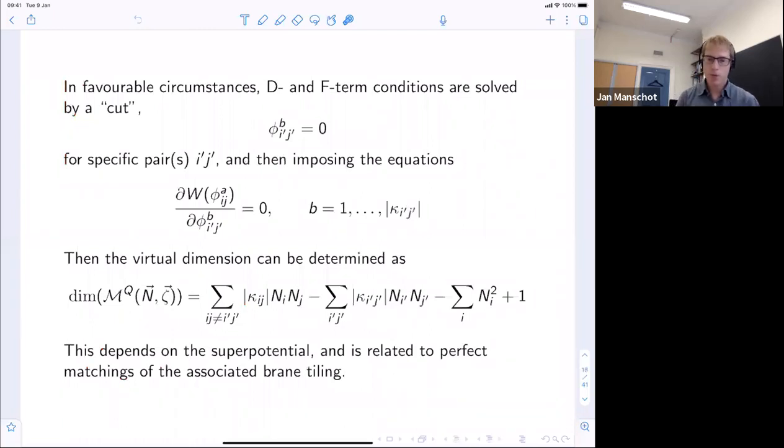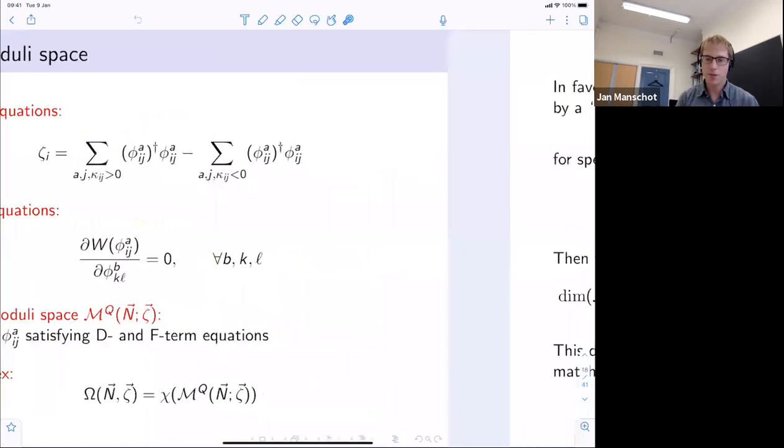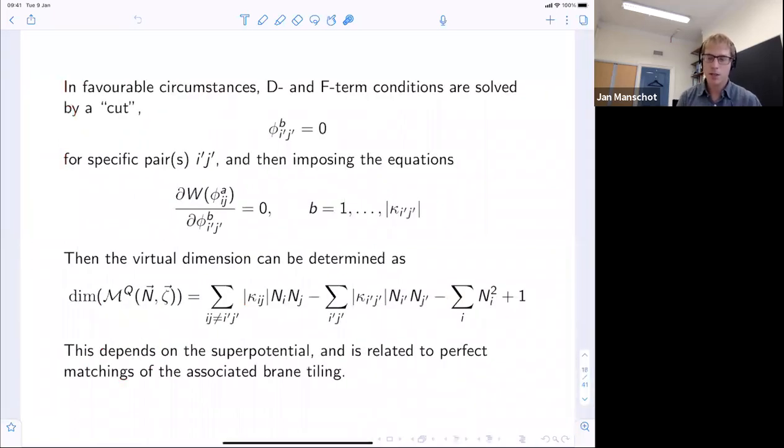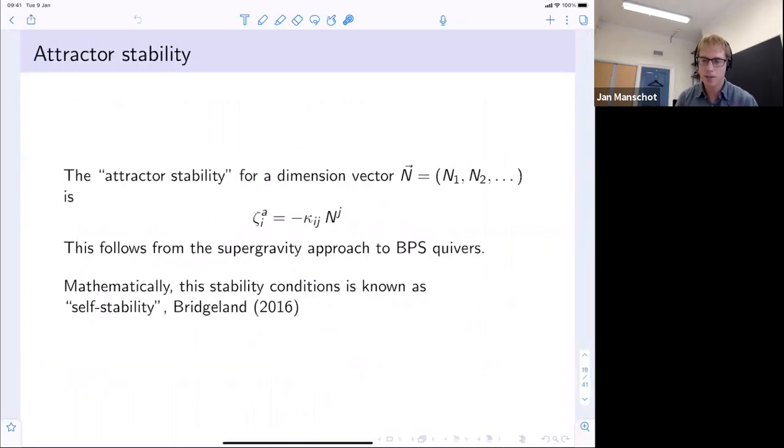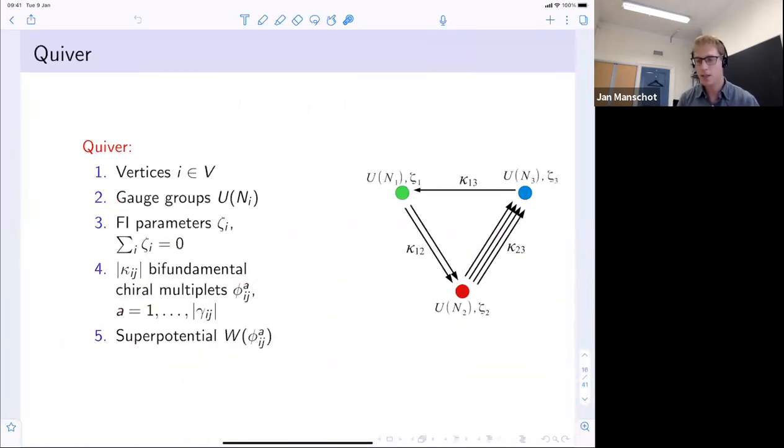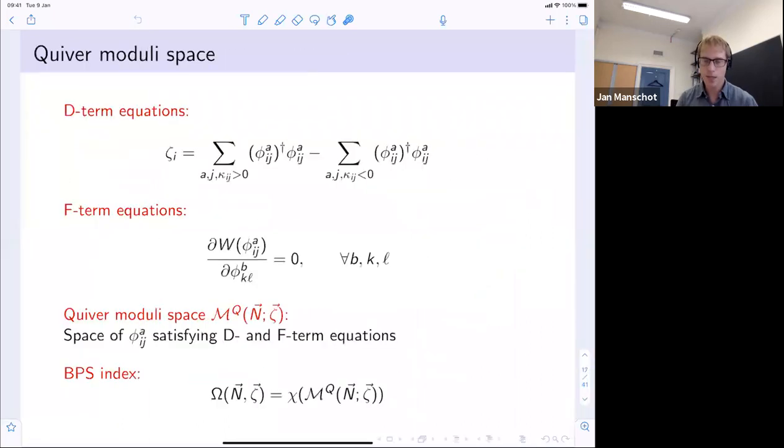Okay. So one way to impose these equations, in favorable circumstances, is that it can be solved by a cut. You set to 0 all the arrows which are on one side. So in this case, depending on the stability parameters zeta, one can solve these equations by setting to 0, say, the kappa_12 arrows going between 1 and 2. And this would then also make the derivatives of the superpotential vanish for the derivatives which do not involve those arrows.